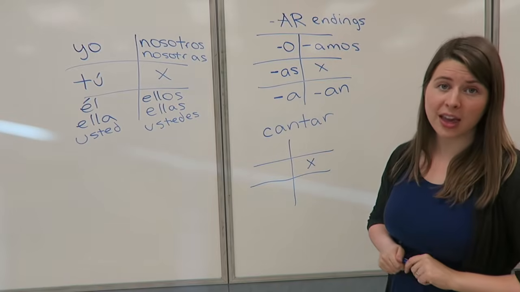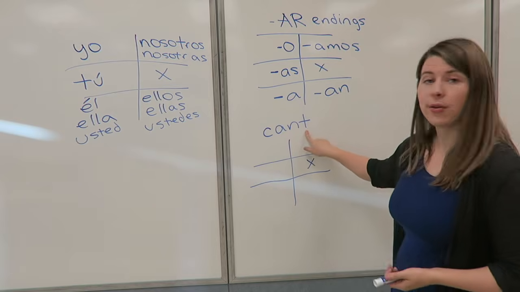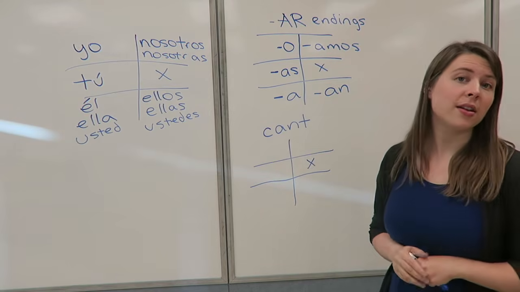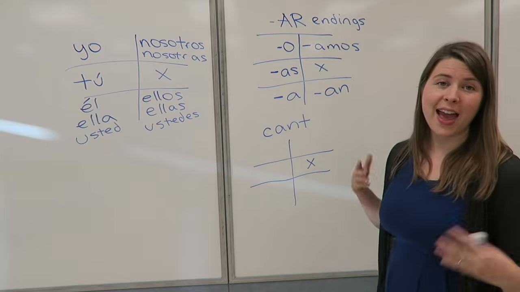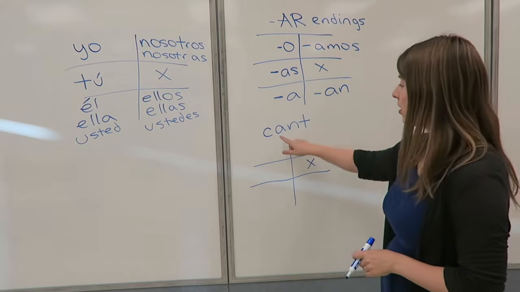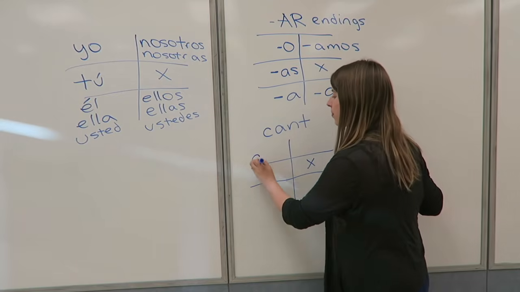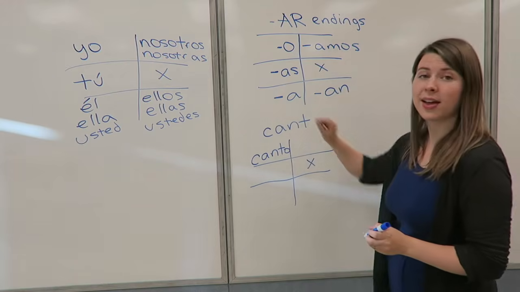We're going to remove the AR, which is our ending. Now, cant is the stem here. So, I'm going to be going through once again and adding the different endings. So, to get started, yo canto. Tú cantas.